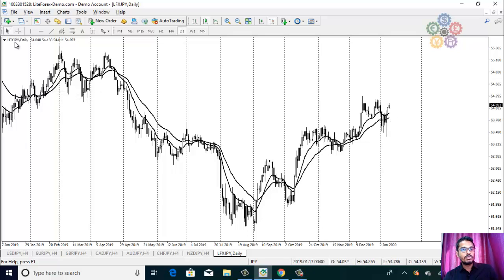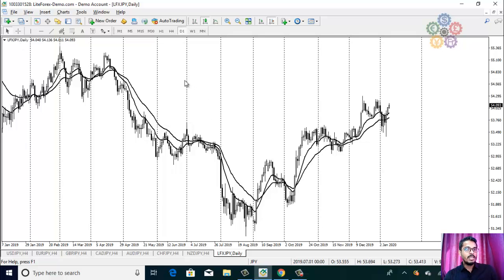Now, if you take a close look at the symbol here on Liteforex, the yen index chart is represented by LFX JPY. So they have a prefix of LFX and then the JPY. Now, obviously, one of the reasons is that JPY is always the counter currency and not the base.